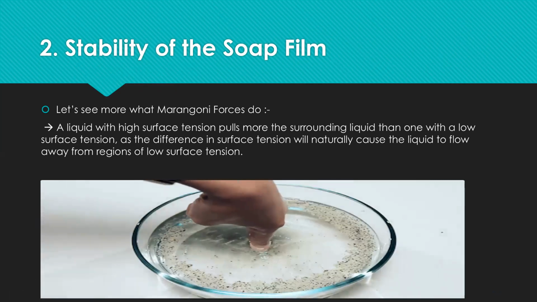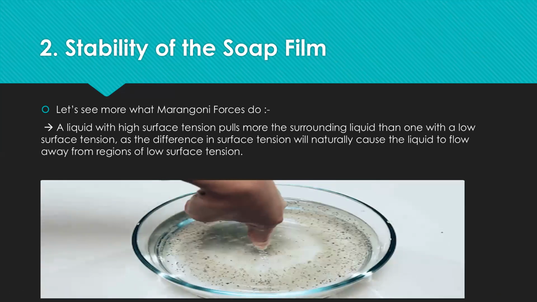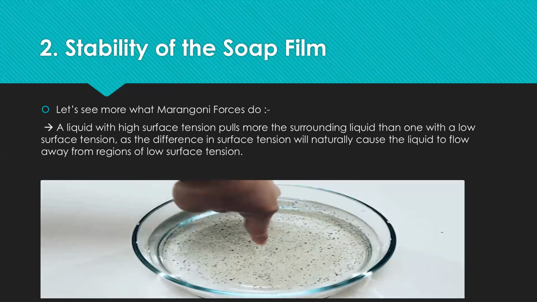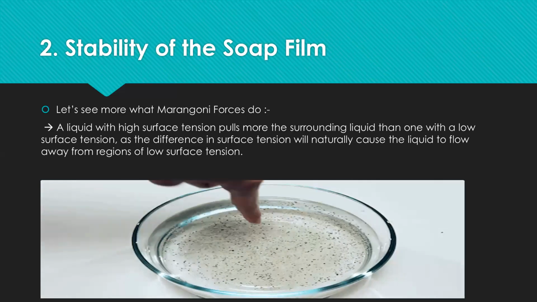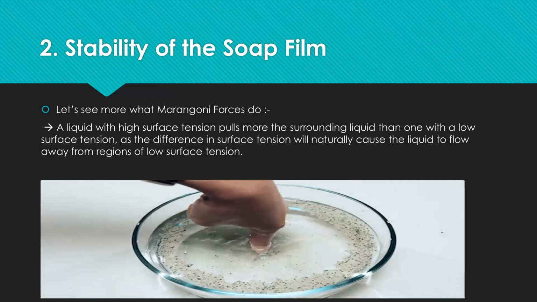Here I have a bowl of water and pepper sprinkled above the water. This pepper is floating on the surface of the water, and I have dipped my finger into a soap solution before, and then I dipped it in this bowl of water. As I dip, the soap solution gets dispersed in the water in this bowl.